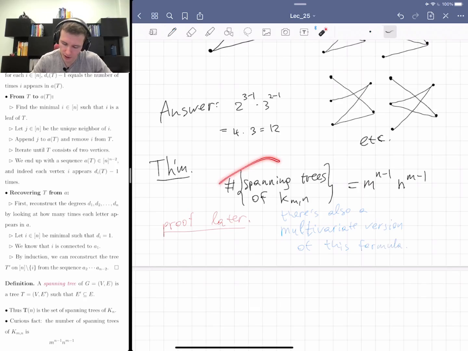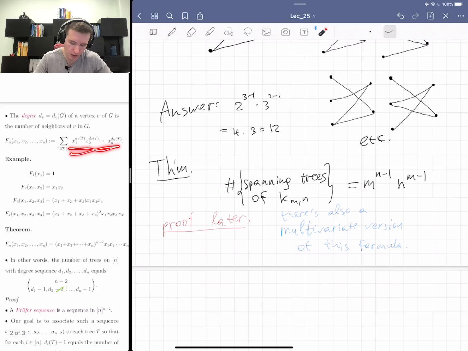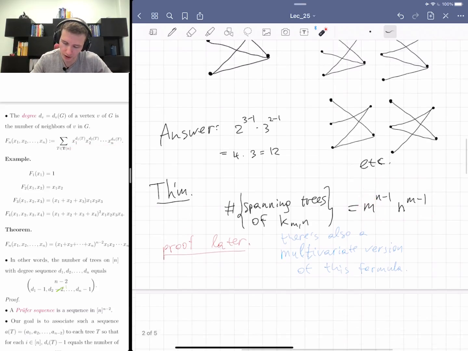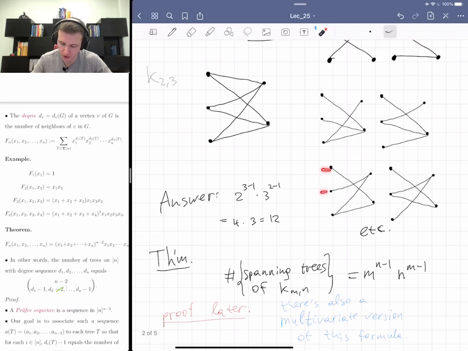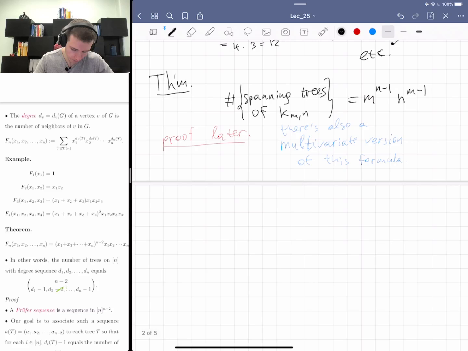So on the left you take the same sum as we did before, x_i to the degree of each vertex, and on the right, m is going to become the sum of the variables associated with the vertices on the left, and n is going to become the sum of x_i's corresponding to the vertices on the right. And so this way you can also count trees according to their degrees, which I think is beautiful. All right, any questions so far?